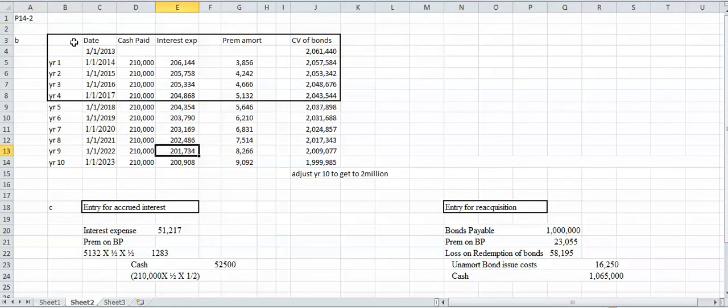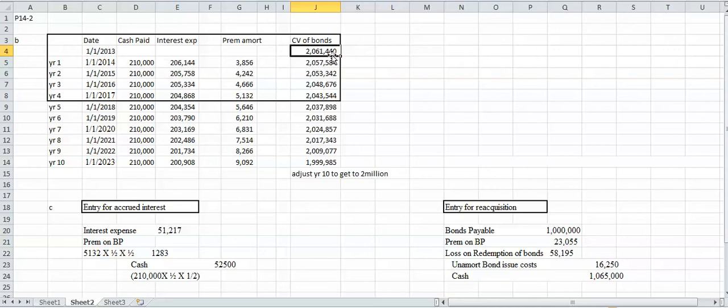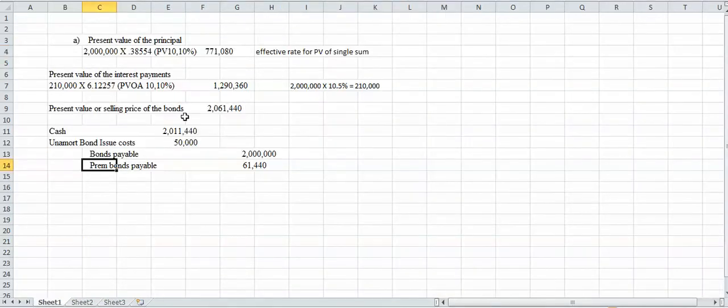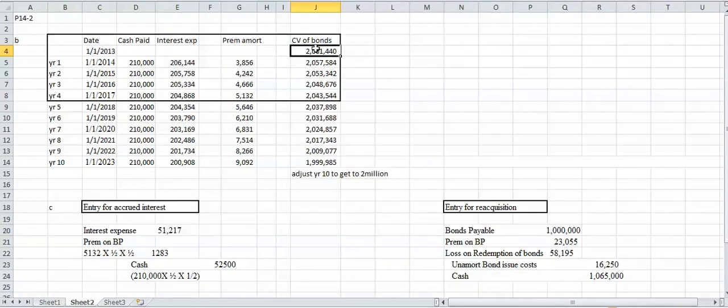On part B, you have to do an amortization schedule. The nice thing about Excel is we can just create this amortization schedule. The carrying value of the bond is the 2,061,440, which we got right here. So that's what we're going to start with on January 1st, 2013. This is a 10-year bond, so 10 years from now, we would pay back $2 million.